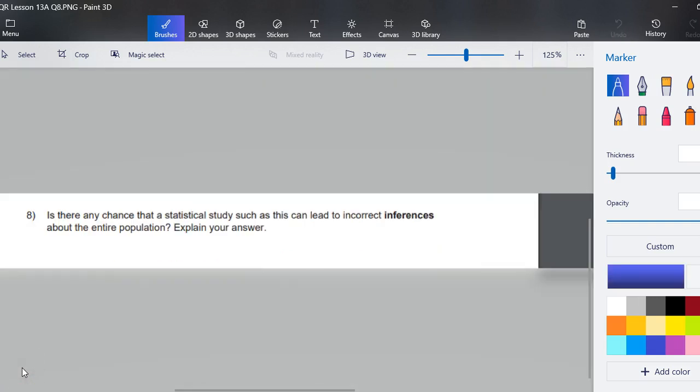Question 8 asks, is there any chance that a statistical study such as this can lead to incorrect inferences about the entire population? If we set up our study really well, and we'll talk more about what that'll look like, then we can infer what we find out from our sample applies to the population. But this question is asking, could we have done it wrong, or could we have incorrect inferences?